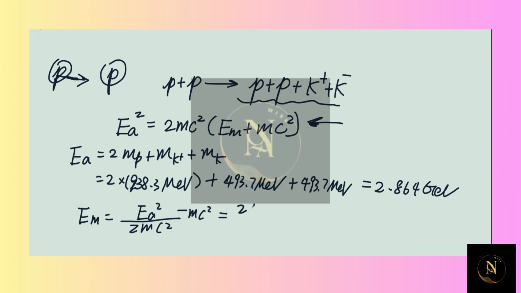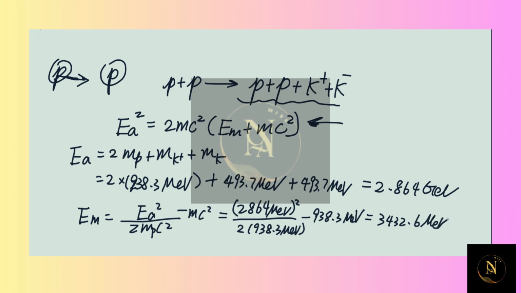So this will be 2864 MeV squared over 2 times the proton mass, m c squared being 938.3 MeV, subtract another 938.3 MeV. This is 3432.6 MeV. So this is the total energy of the proton when the two protons collide with each other.